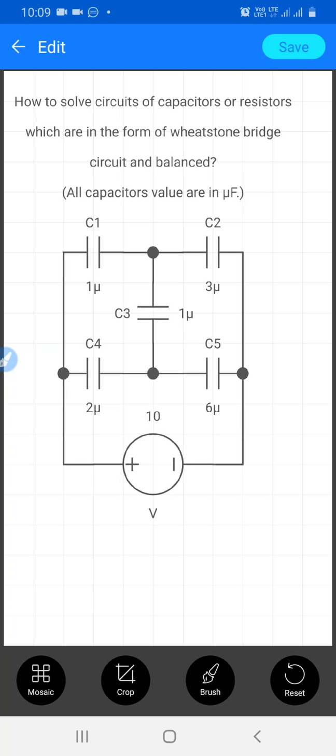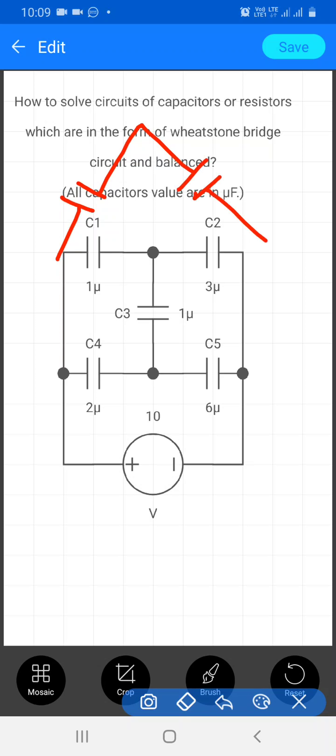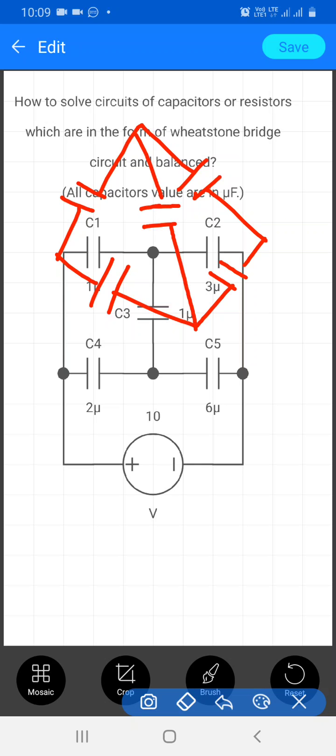First of all, Wheatstone bridge circuits are in the form of a parallelogram, and the condition for balancing Wheatstone bridge, say I draw one circuit here, and here is another capacitor, fifth capacitor, and here is a battery connected.